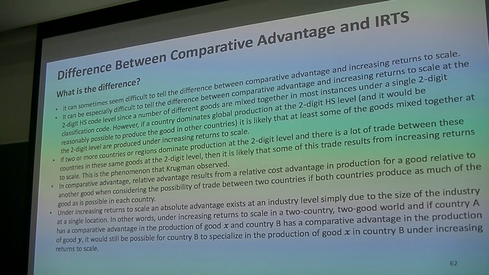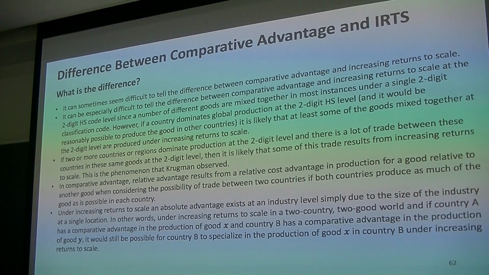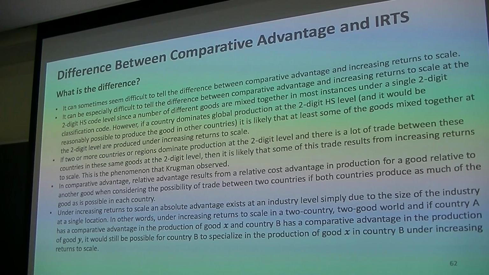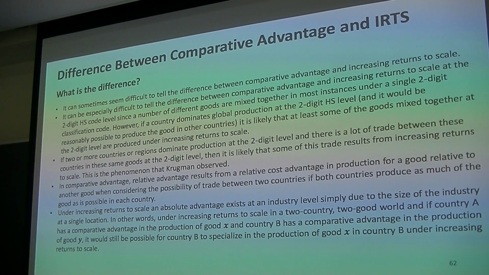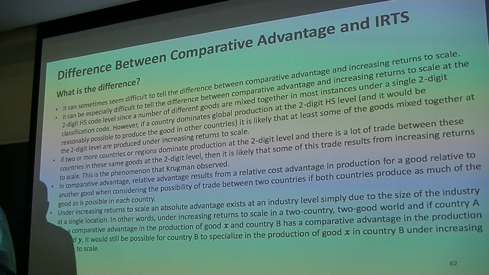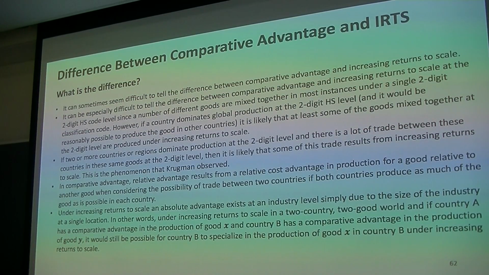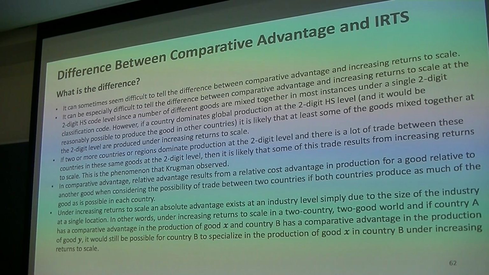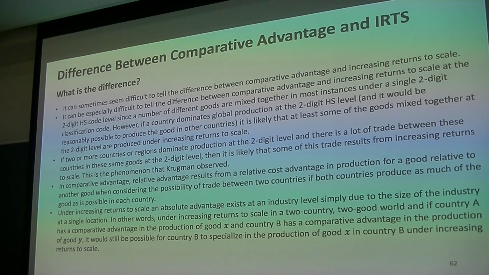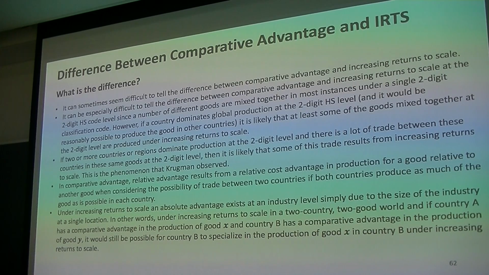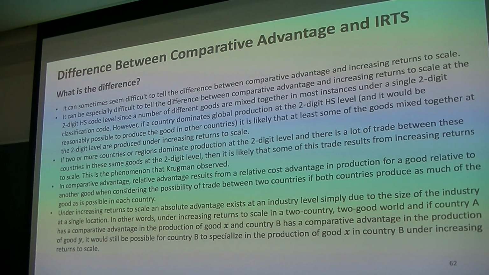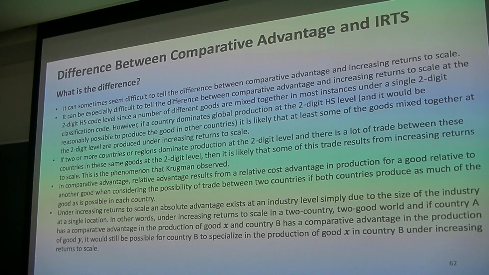A country that has raw materials, quite often third world countries, may trade with first world countries. Or you have first world countries where a lot of their exports are raw materials. Canada and Australia are very good examples of that.